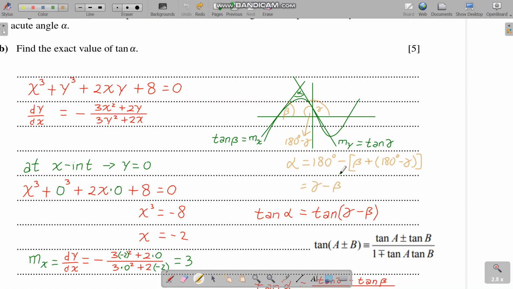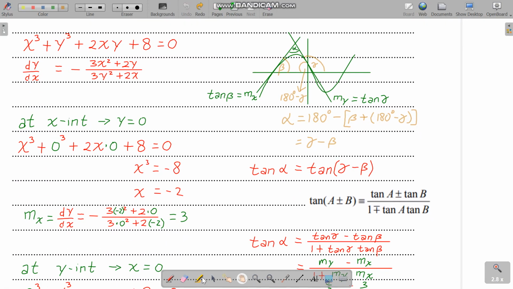So if we're looking for tan alpha, it will be tan(gamma minus beta). We can use the compound angle formula in the MF19.